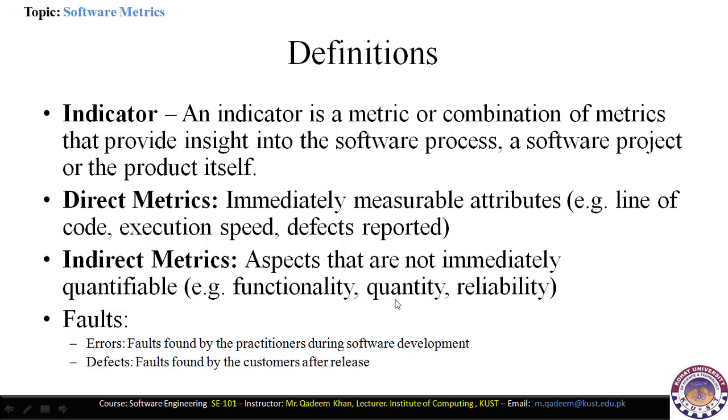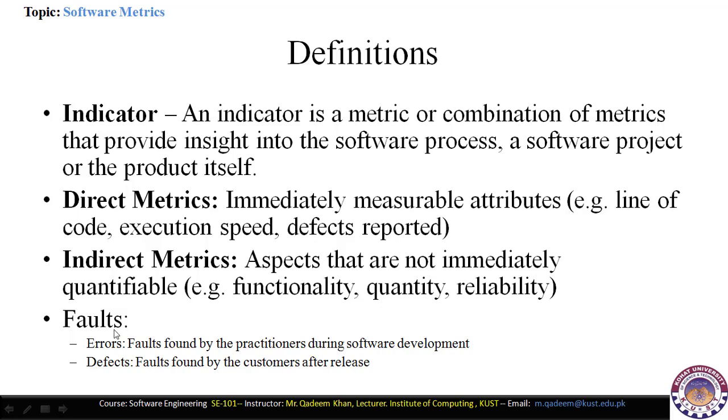Similarly, quality cannot be counted here, and reliability, quality and reliability. Now, for example, how can we see that this software is more reliable? One method is to count the number of uptimes for a particular period. Then we can say that this software is more reliable.